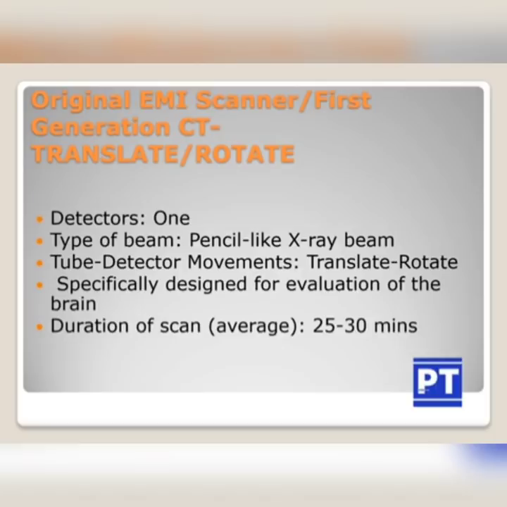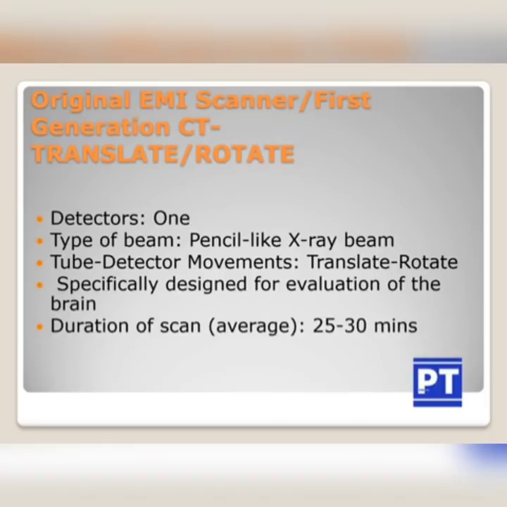The type of beam was a pencil-like X-ray beam. The tube detector movement was translate rotate, and it was specially designed for the evaluation of the brain, and the duration of the scan was about 25 to 30 minutes.